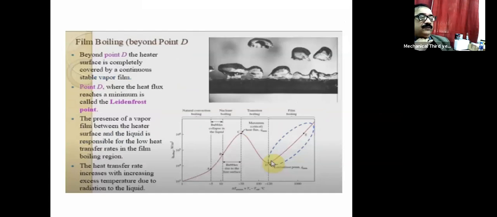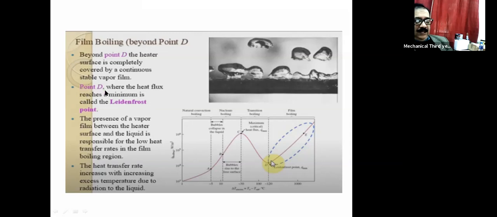Next comes the film boiling beyond point D. Now, beyond point D, what is happening? Let us see. Beyond point D, the heated surface is completely covered by a continuous vapor film. Total vapor formation has taken place, and the phase change has completed.